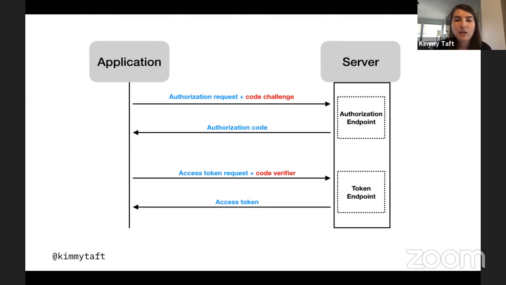And then later on, when your application makes a request to the token endpoint, it includes that code verifier. And then before the server returns an access token, it confirms the validity of the code verifier. If it's invalid, then access is denied. One important piece to take away from this diagram is that utilizing PKCE is an addition to the authorization code flow.